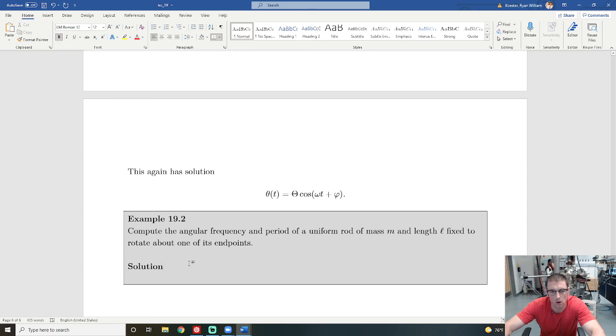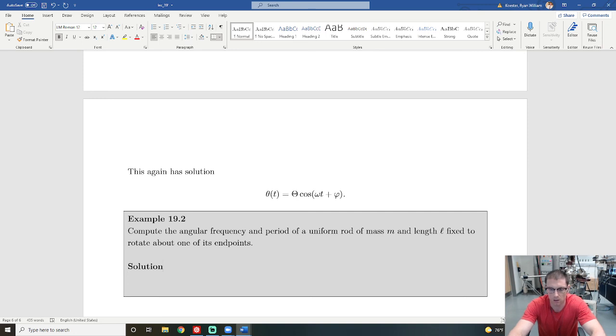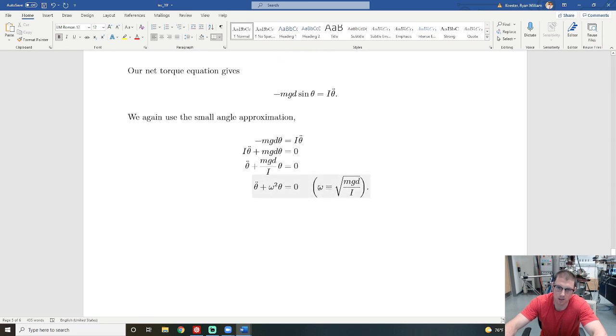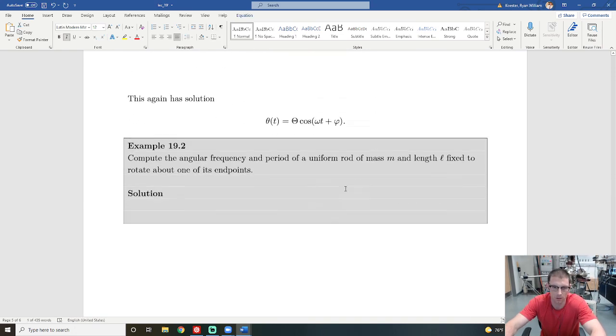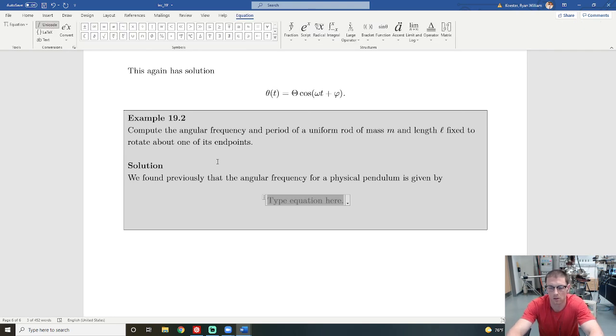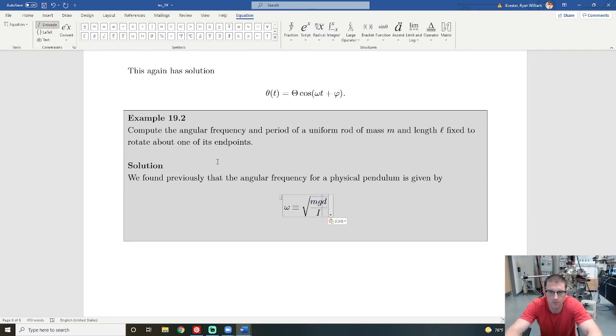Okay, so all we need to do then is essentially apply this, right? Just fill this in. So let me say we found previously that the angular frequency for a physical pendulum is given by that. And let's see, what's going to change here, right?